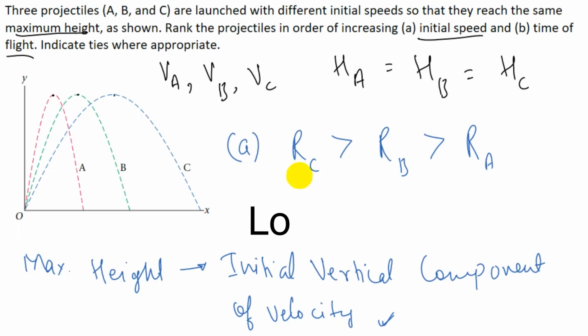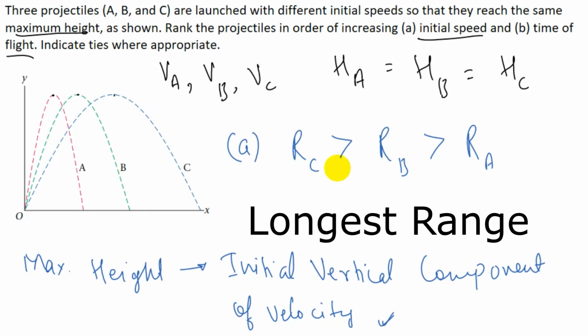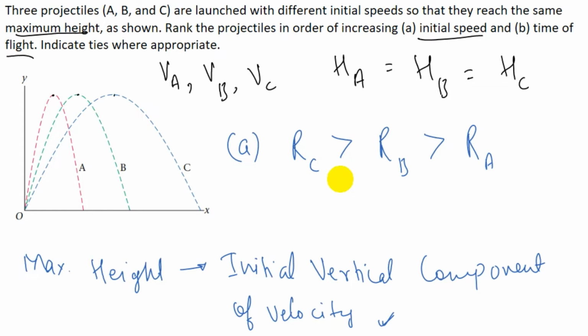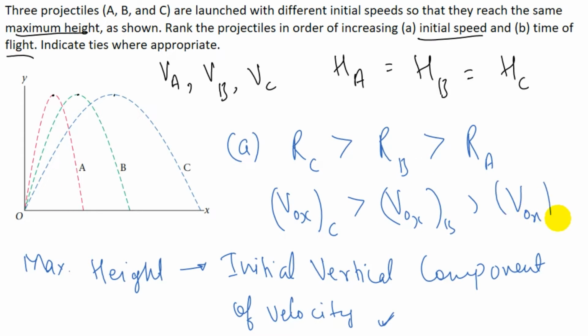Now since the longest range is for projectile C, that means its horizontal speed would be maximum. So we can say that v0x for projectile C will be greater than v0x for projectile B, and greater than v0x for projectile A, since range is maximum and the vertical component is the same.